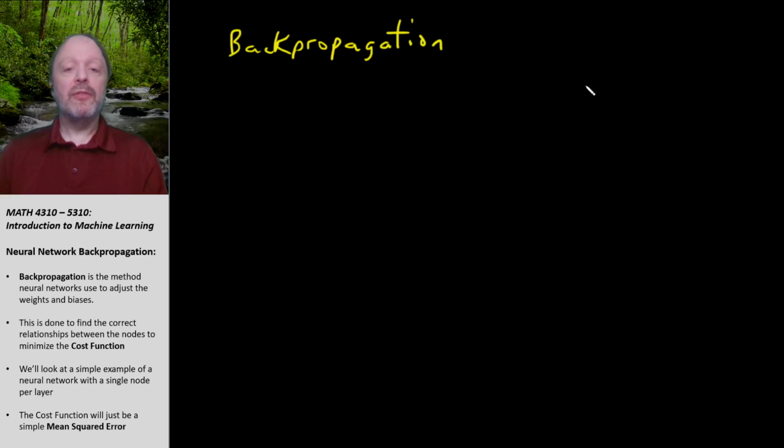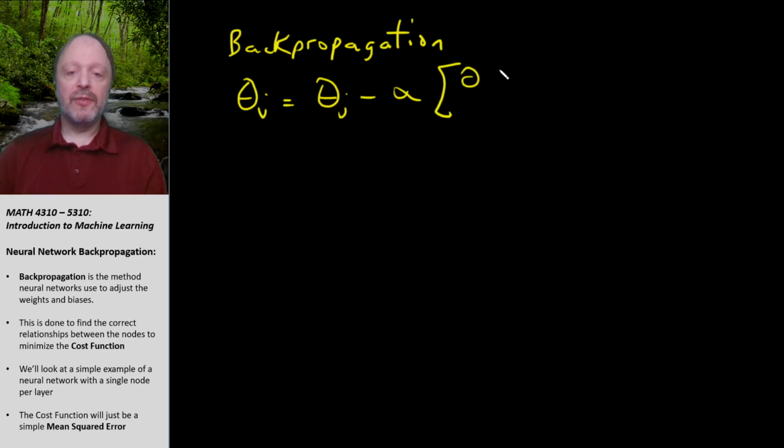So we know that typically when we are talking about updating the theta parameters within our algorithms, we have something that looks like, maybe theta sub j is equal to theta sub j minus alpha times the partial derivative of the cost function with respect to theta sub j.